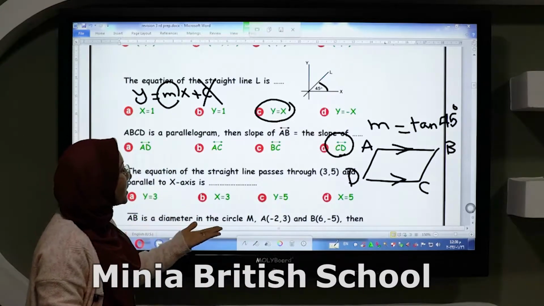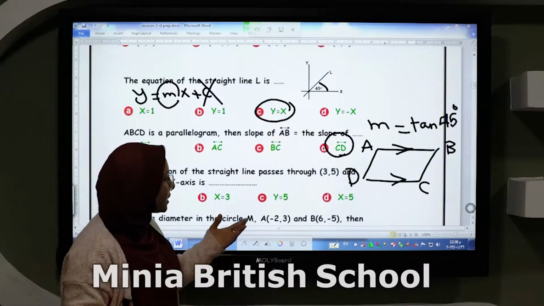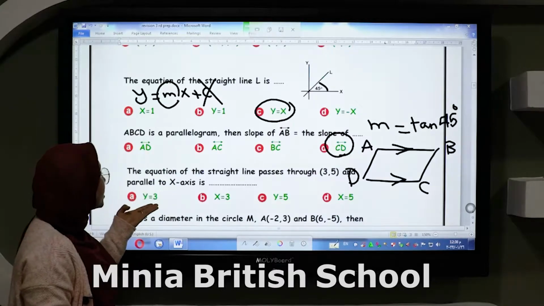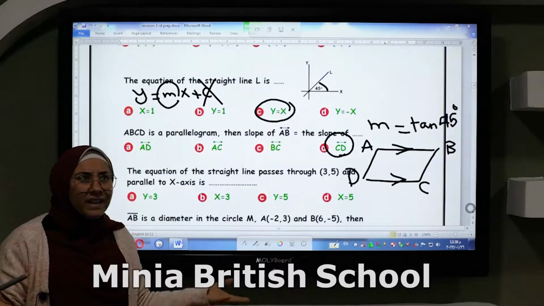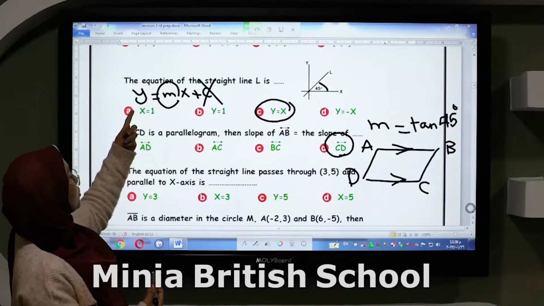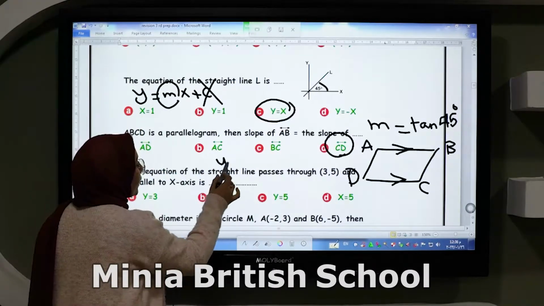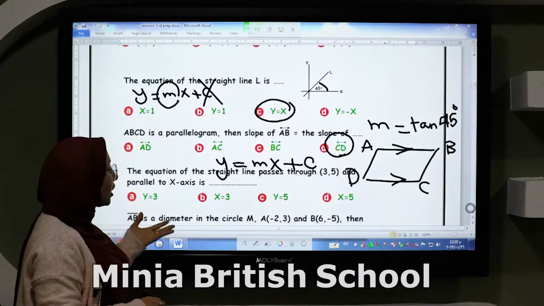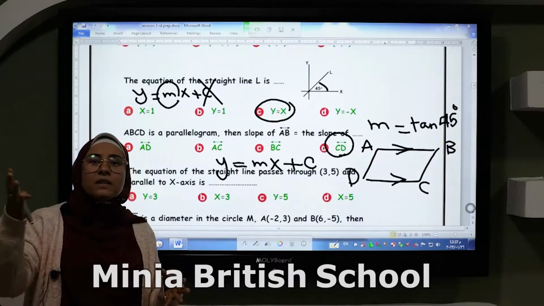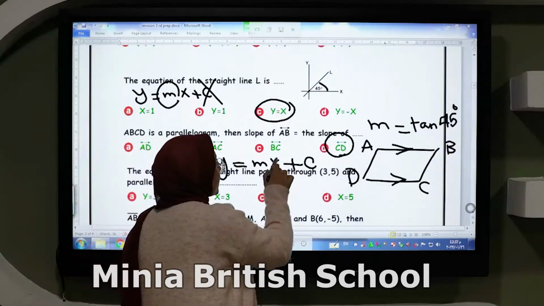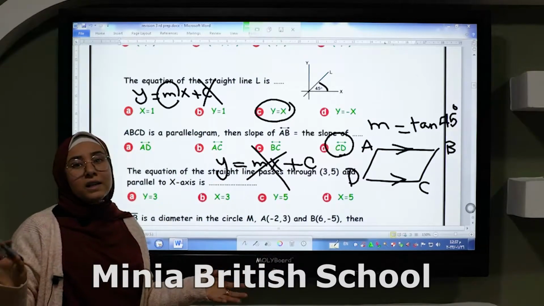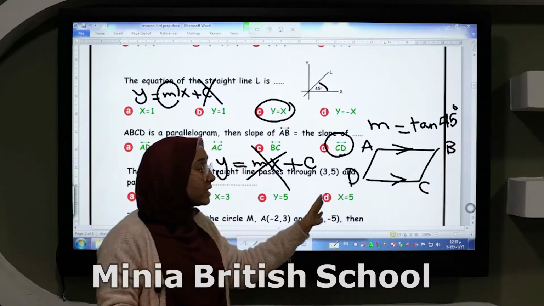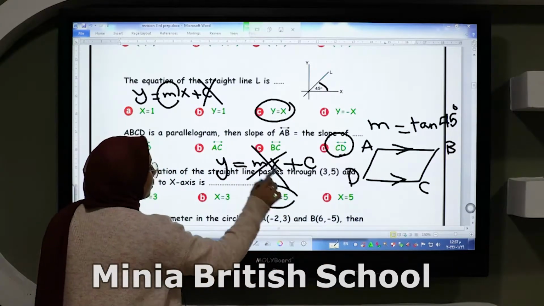The equation of the straight line passing through the point (2, 5) and parallel to the x-axis. Okay, I said what? The equation of the straight line is y equals mx plus c. This is a straight line parallel to the x-axis, the slope equals 0. So this part equals 0. y equals c. If you substitute by this point here, we get y equals 5.